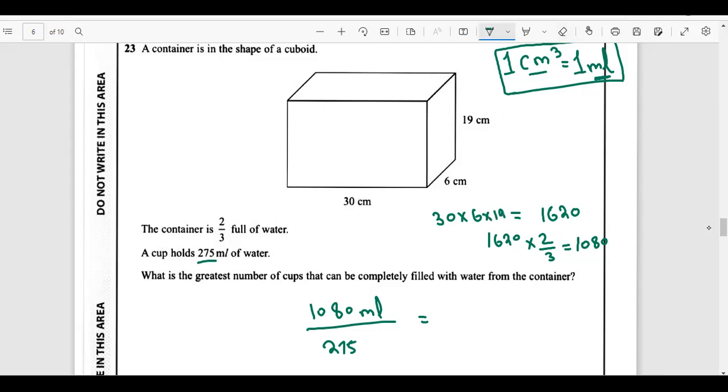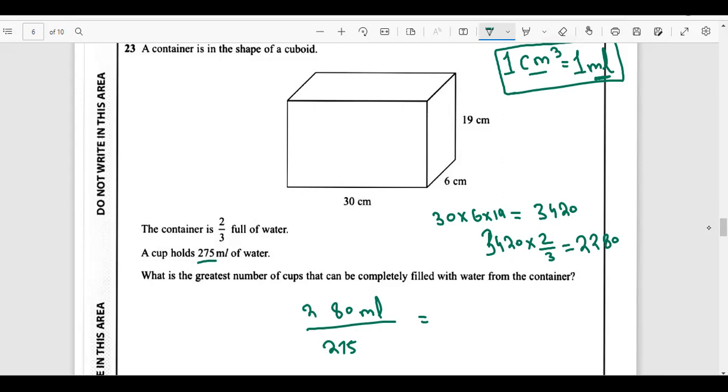It's 19. When you multiply this, 30 into 6 into 19, we will get 3420, and then we need to find 2/3 of 3420, and that is going to be 2280. And now I will be dividing 2280 by 275.